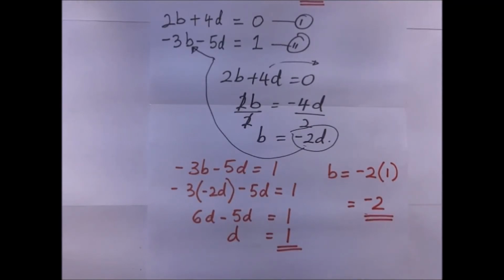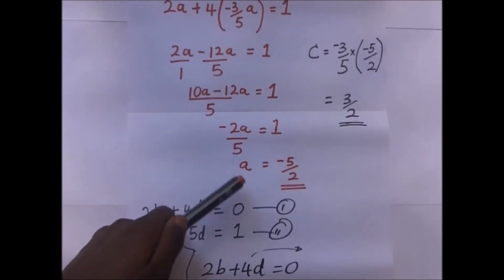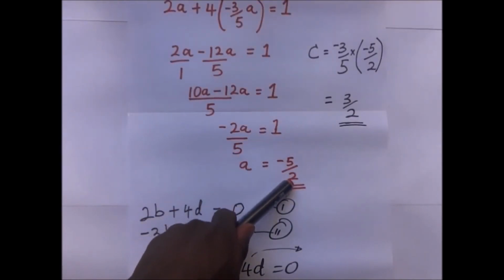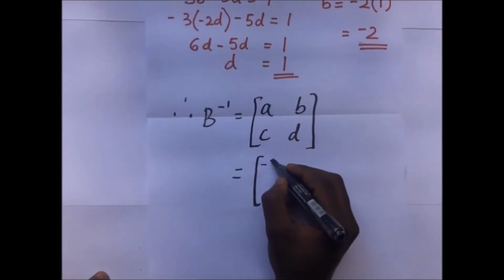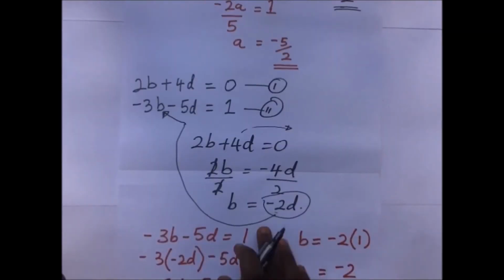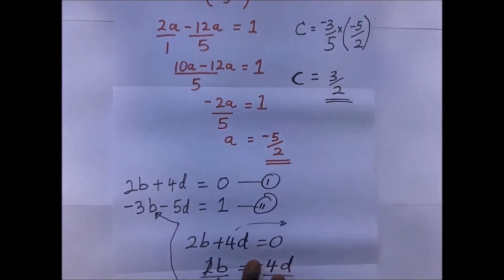So now we have gotten the values of A, B, C and D. We got our value of A as negative 5 over 2, and the value of C as 3 over 2.